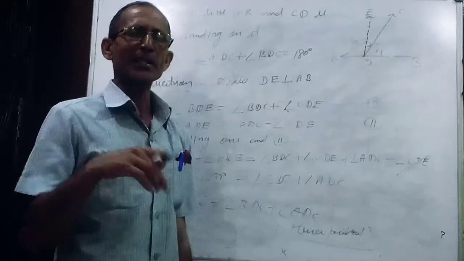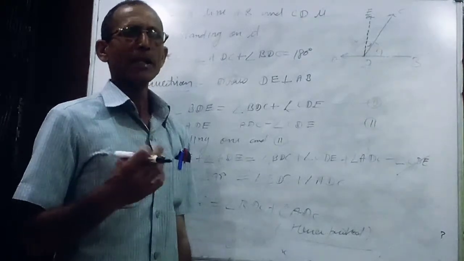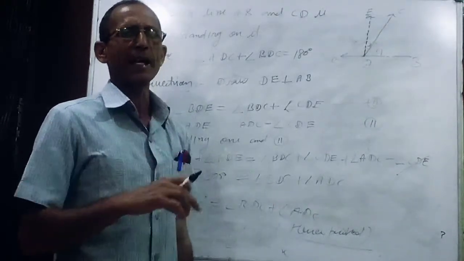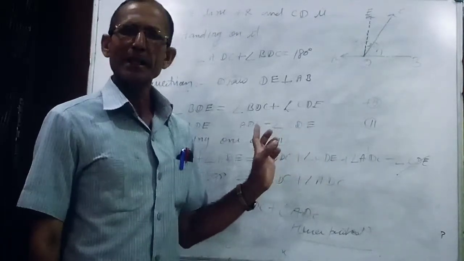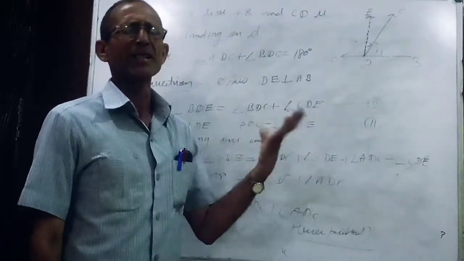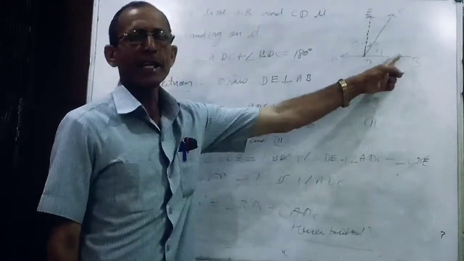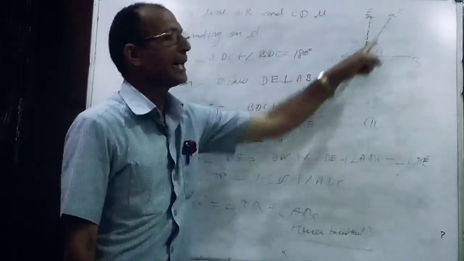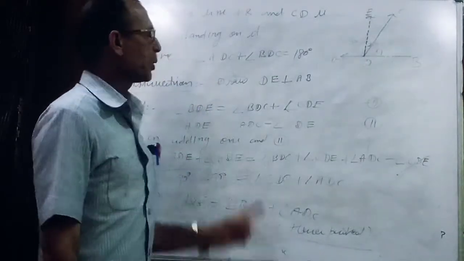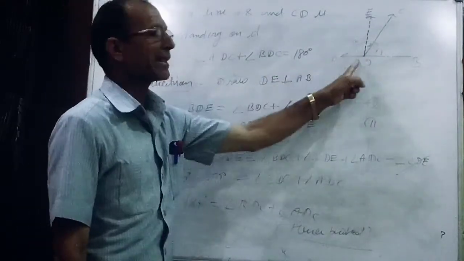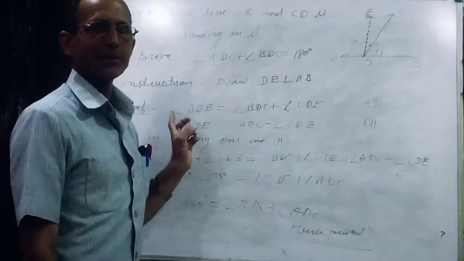If a line stands on another line, then prove that the angles formed by this line will be supplementary, or you can say 180 degrees. What is given? A line AB and CD standing on it. We have to prove angle BDC plus angle ADC is equal to 180 degrees.